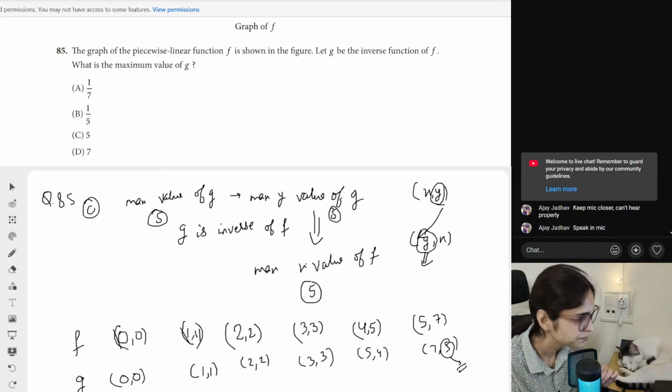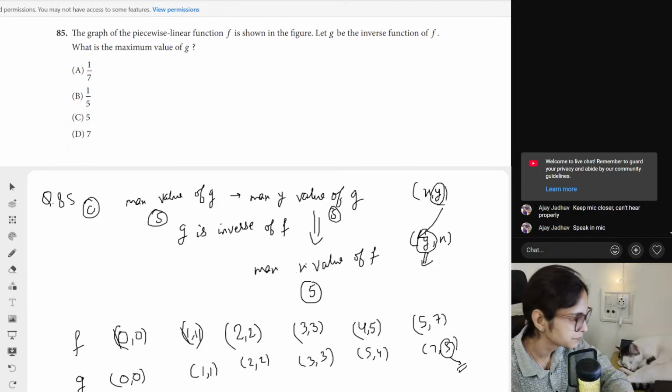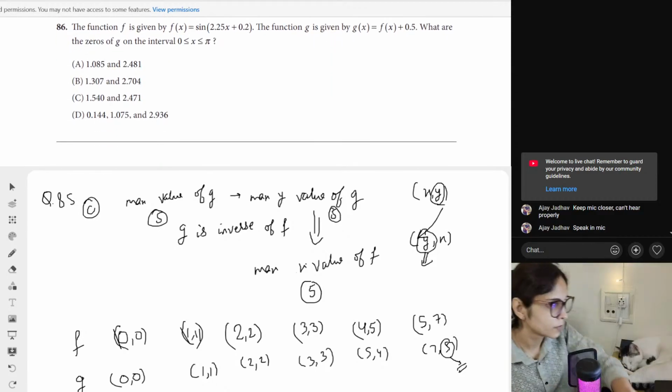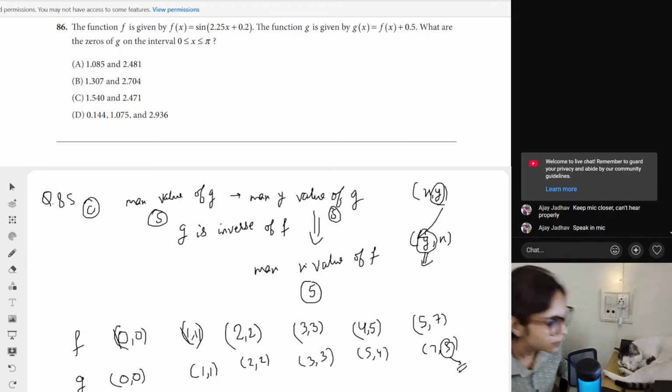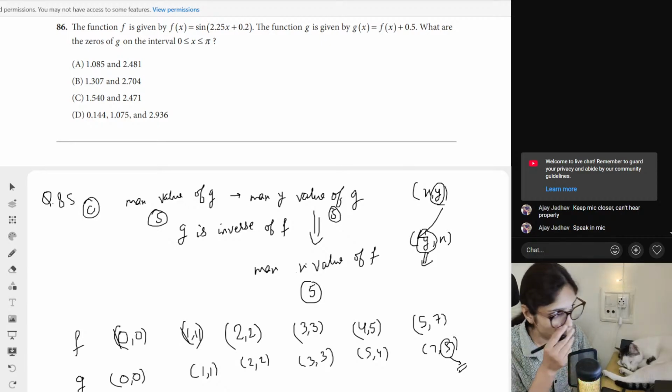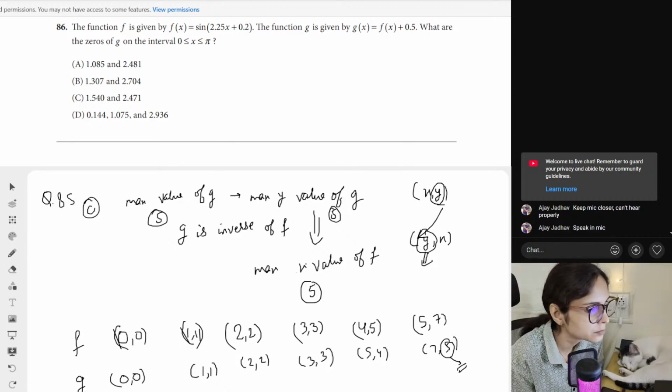Alright. Now the next question is question number 86. There are two functions given. F of x is sine of 2.25x plus 0.2. Function g is given by g of x equals f of x plus 0.5. What are the zeros of g on the interval 0 to pi? Okay, so for this we'll be using Desmos.